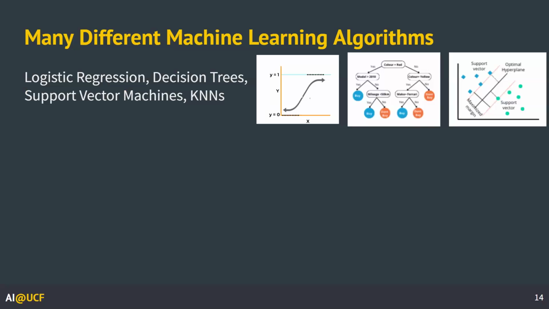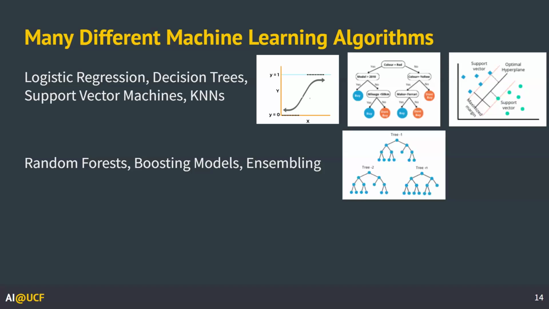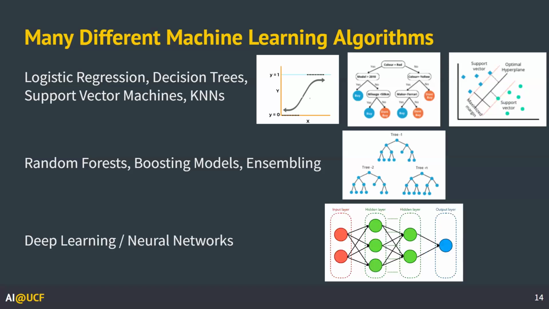You've got logistic regression, decision trees, support vector classifiers, k-nearest neighbors. This stuff came out in the 70s, 80s, and a little bit into the 90s. Then you have random forest, boosting models, ensembling techniques, which came out a bit later. And then you even have deep learning and neural networks, which are all the rage today, as I'm sure many of you have heard. All of these are still used today.